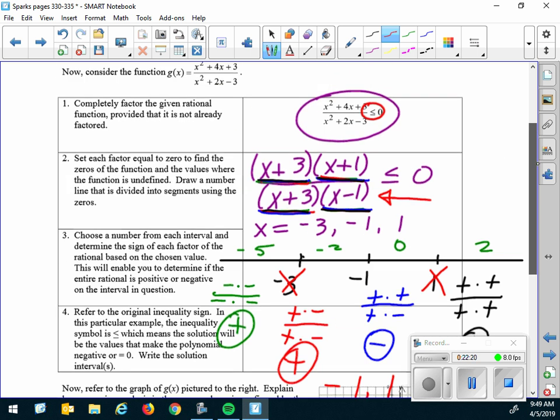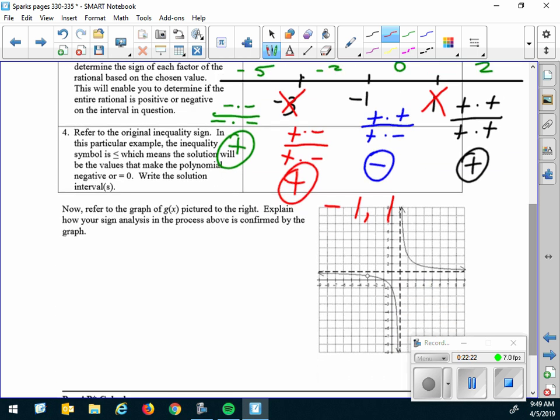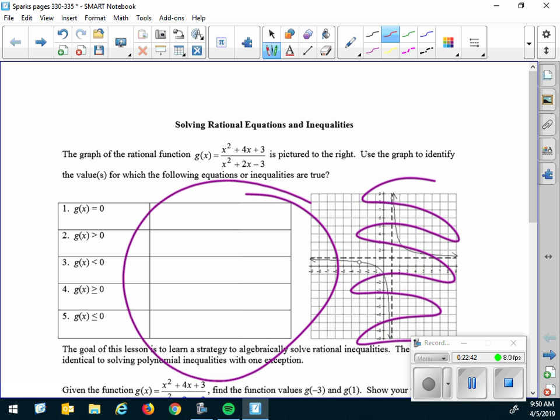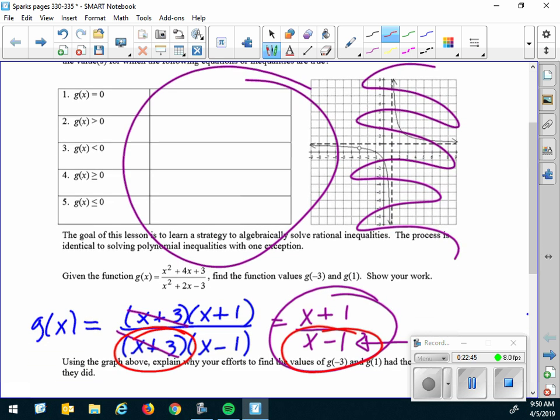Now, it said less than or equal. Do either one of the endpoints also make it true? -1 does. Does 1? No. There's your answer. That is exactly what we got. Do you have that right here? -1 to 1, half open.